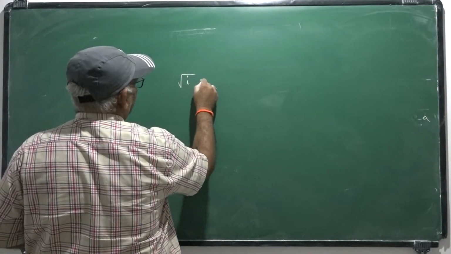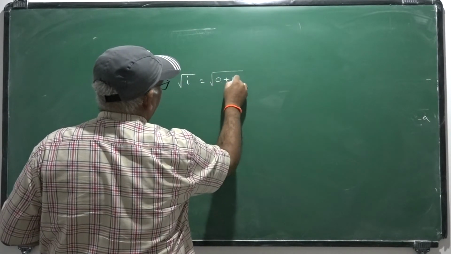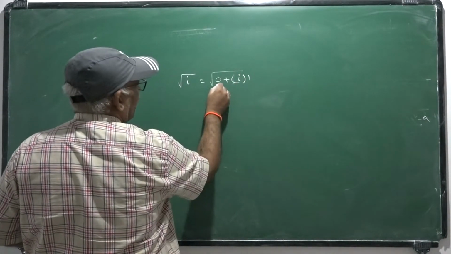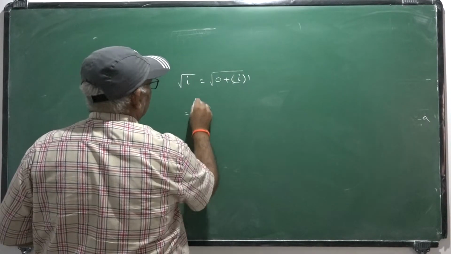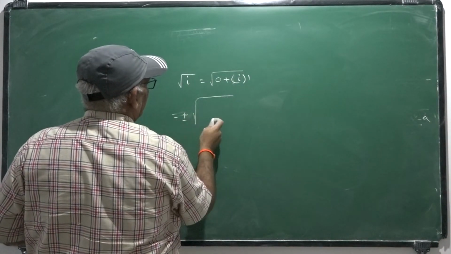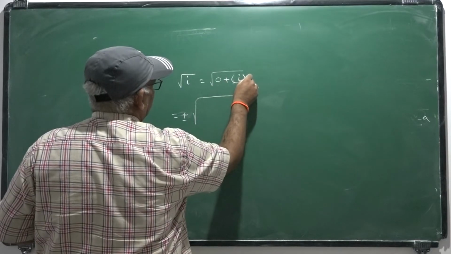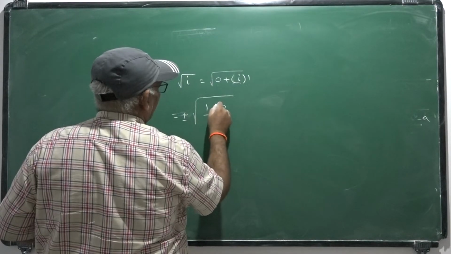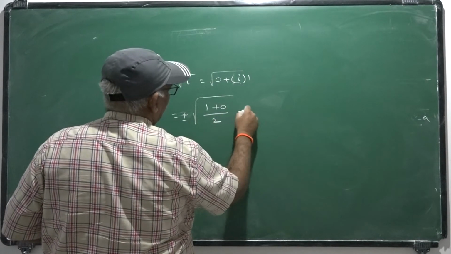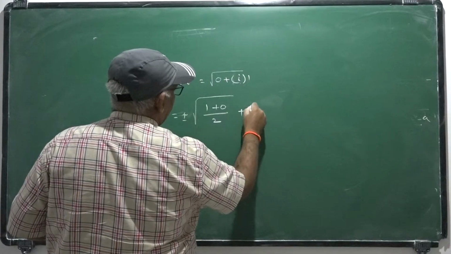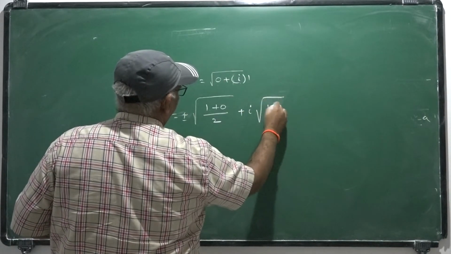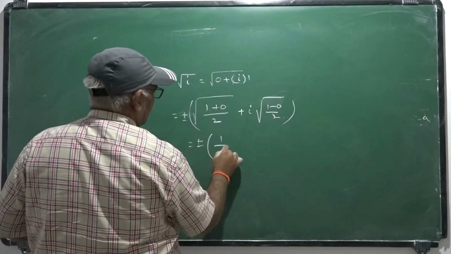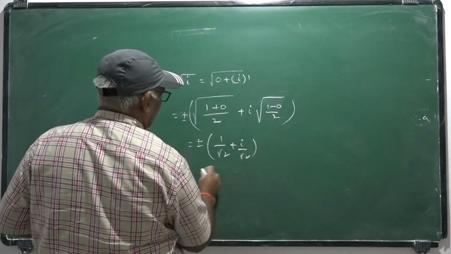Suppose root i. What is root i? Root i means 0 plus 1 i. So a equals 0, b equals 1. The square root of this is: 1 square plus 0 square is 1, plus 0, so plus or minus square root of 1 by 2, plus i into square root of 1 minus 0 by 2, that is plus or minus 1 by root 2 plus i by root 2.